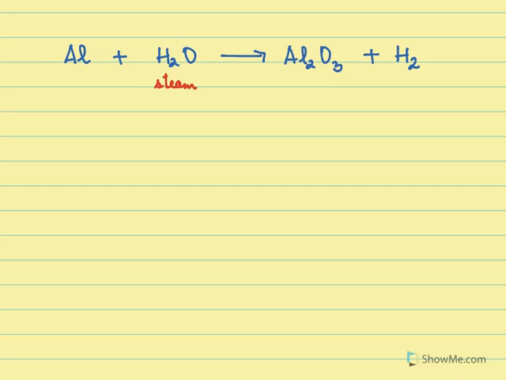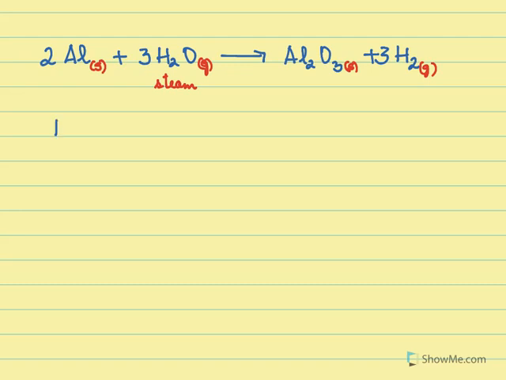Hence when we are putting the physical states, we put solid here, we need to put gaseous here, and there is solid aluminium oxide, and this is gaseous, and then we go ahead and balance it, and on balancing you put 2 aluminium because there is 2 aluminium there, and 3 hydrogen, and here 3 oxygen. So it forms aluminium oxide.